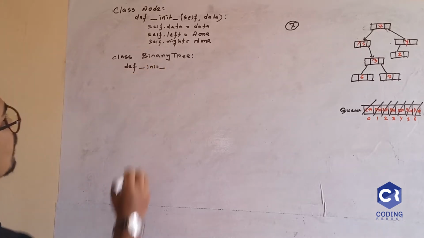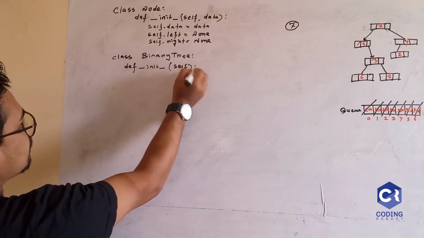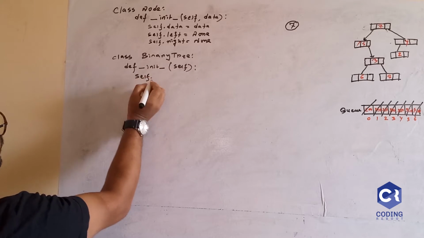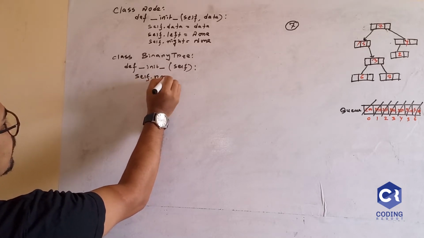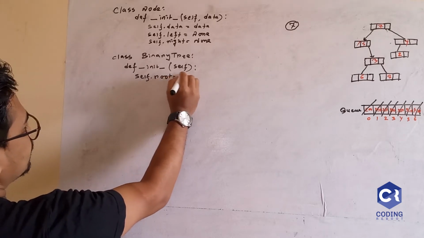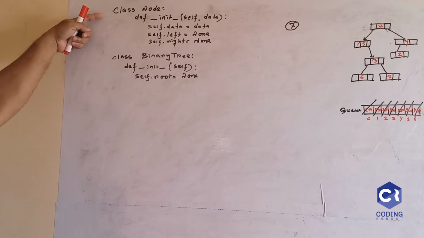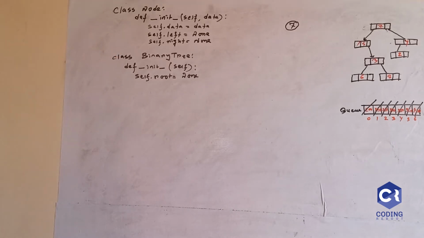It will take only one parameter, that is self, and we are going to initialize the root node for the first time. Initially our root node will be none. So we have created two classes, one for node and another for binary tree.